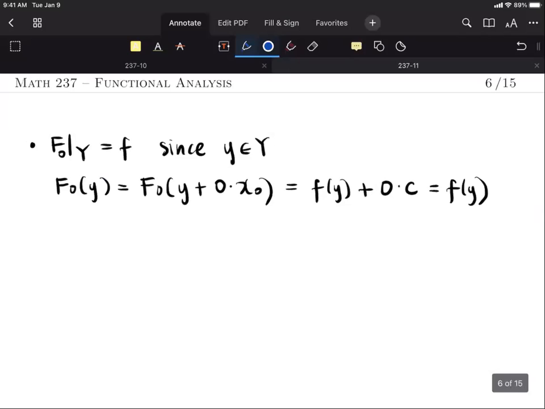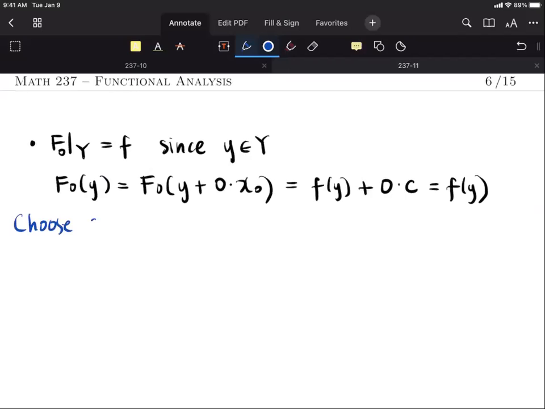The role of c is the following. We choose c such that the inequality f naught less than or equal to p is satisfied on the larger subspace y naught.